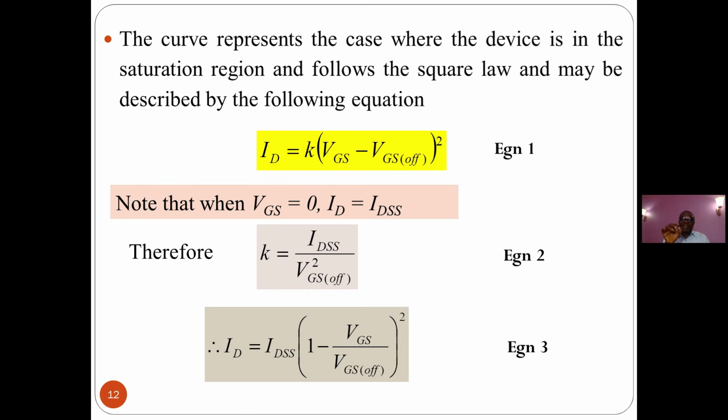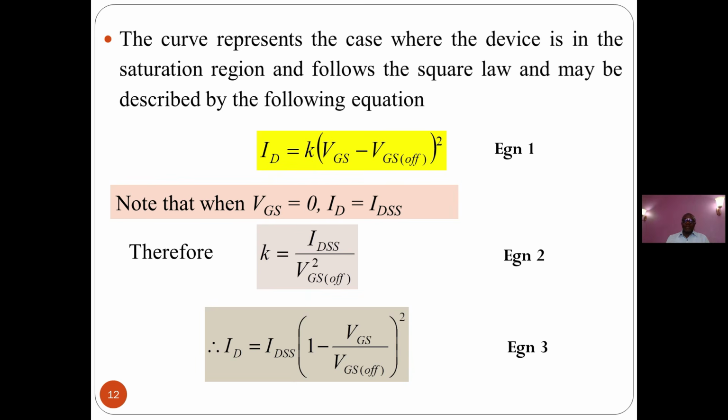But immediately that changes slightly, and VGS becomes 6, while VGS off is 4. It becomes a difference of 2. 2 raised to power 2 will be 4.